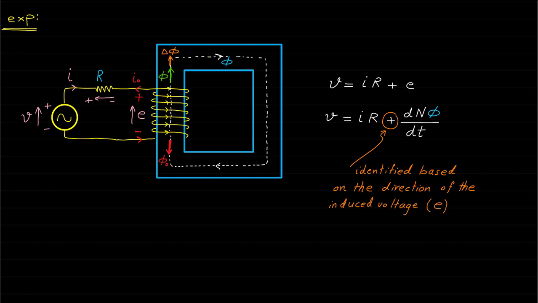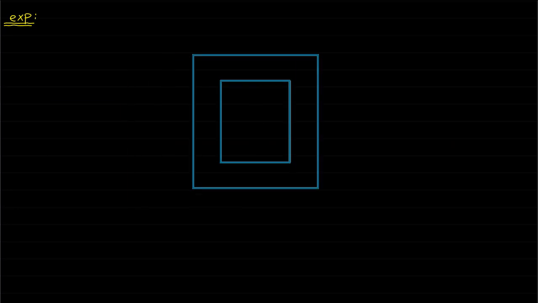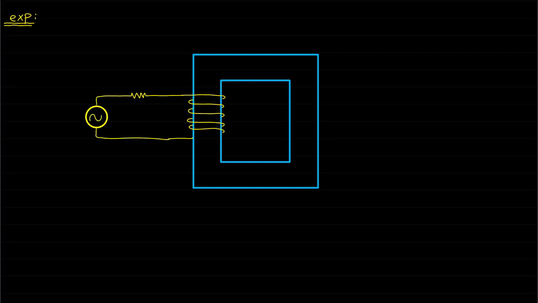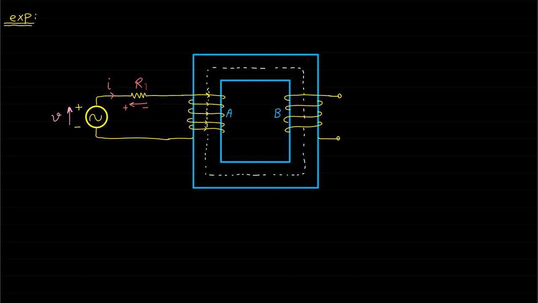Now let's apply Lenz's law to the following magnetic circuit to identify the polarity of the induced voltage across coil A and coil B. First, let's start with coil A. Based on the assigned voltage and current polarities and directions, the polarity of the magnetic field phi A can be determined based on the right-hand rule.